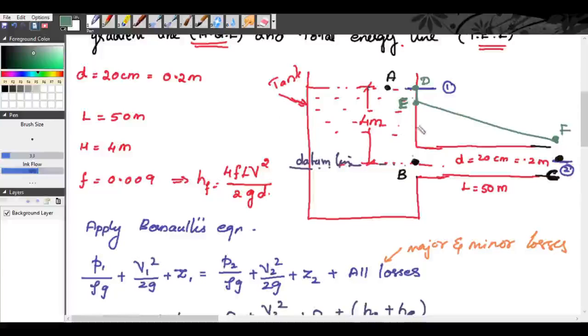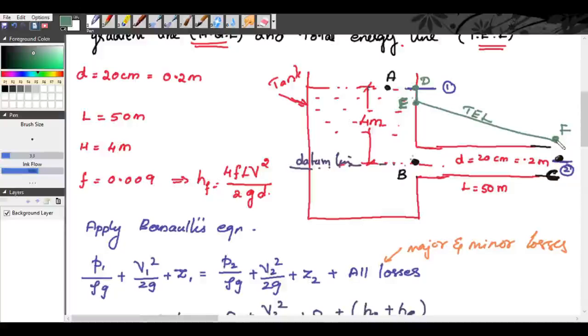So this line is called total energy line, DEF. So at D it is 4 meter. At E, DE is equal to 3.81 meter. At F, CF is equal to 0.38 meter. That is the meaning of that.